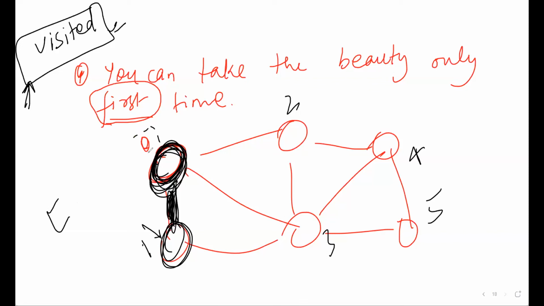I'm starting from this node, so obviously I'll have the beauty of this. So my beauty will start from this point, which is beauty 0, and whenever I'm coming to a node, I will update my beauty. Let me code it down for you.